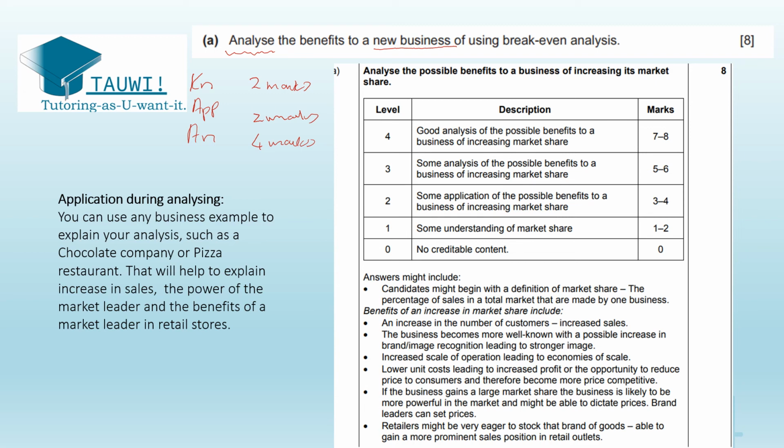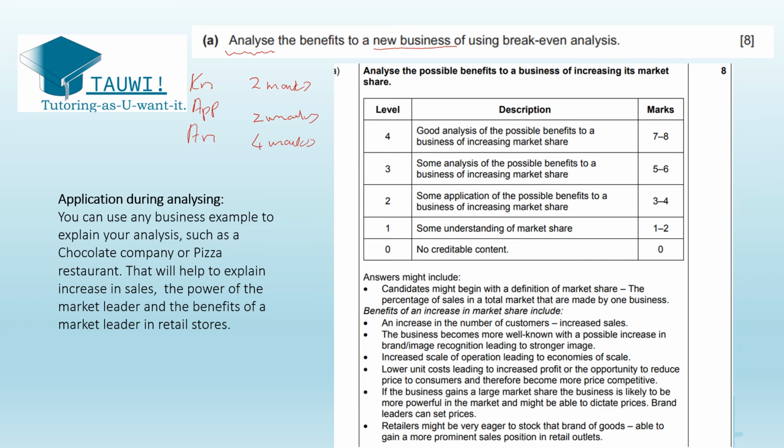What is the fixed cost? What will be the variable cost? At what price could they sell? Because there's a new business. They have to find out. They have to do research. So they need to get the cost prices, fixed cost prices, variable cost prices, and what could the selling price be.